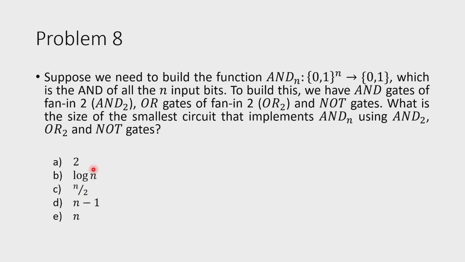Okay, the question is not asking for the smallest circuit overall, it's asking for the smallest among these options. Proving the smallest might be difficult. So then using De Morgan's law, I got n minus 1 as the answer, but I don't see why we need De Morgan's law.